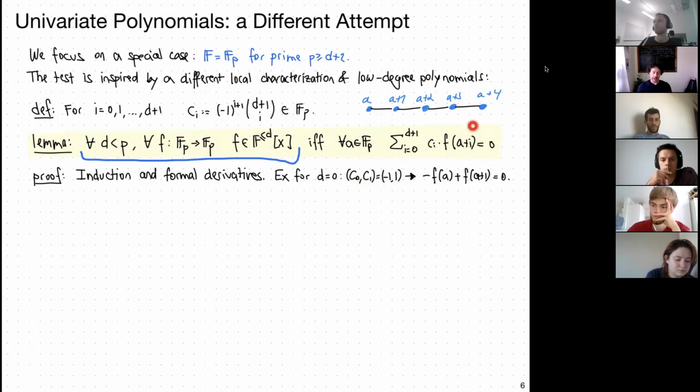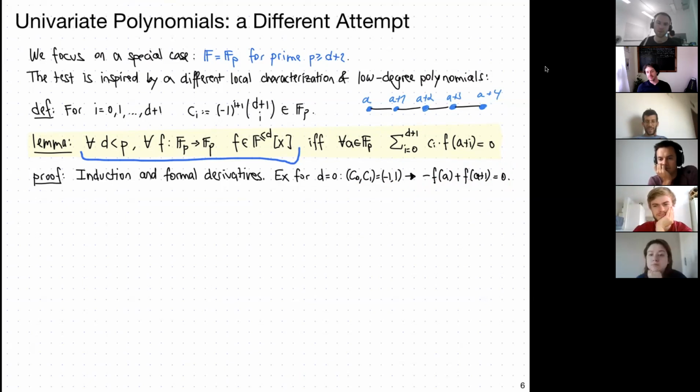And so if we plug it into this equation, all we're getting here is that minus f(a) plus f(a+1) is equal to 0. Now, does that look somewhat similar to something, the most fundamental object in analysis?